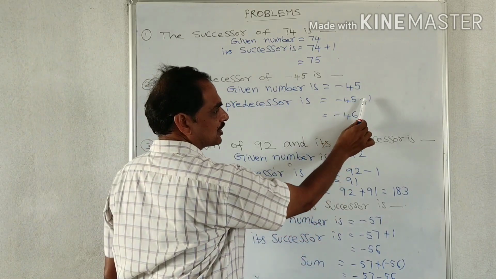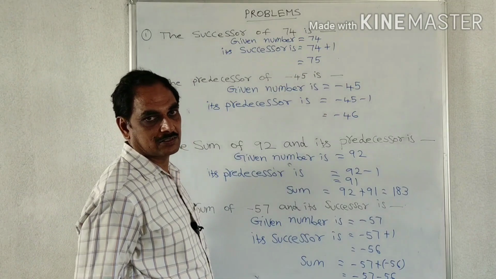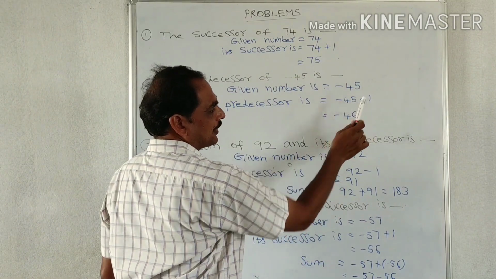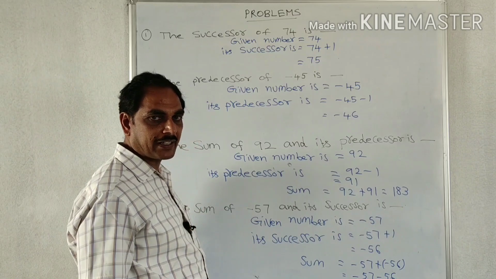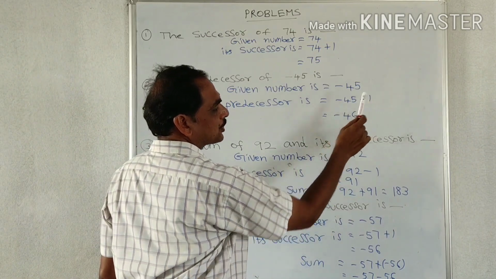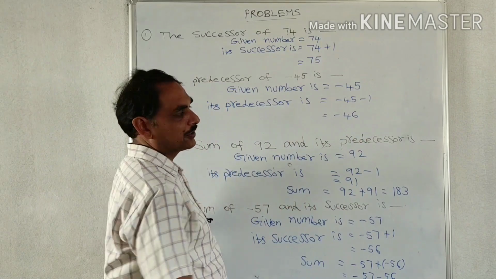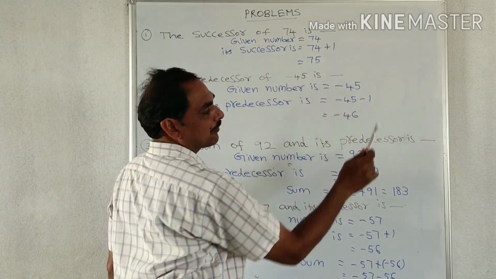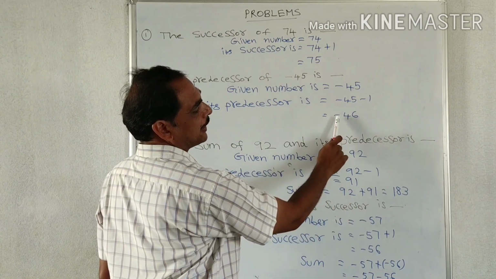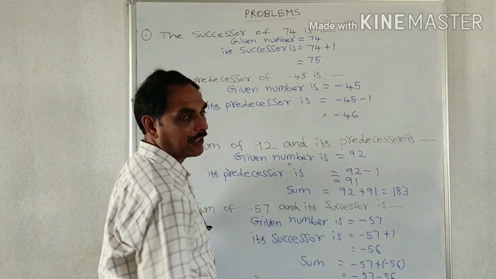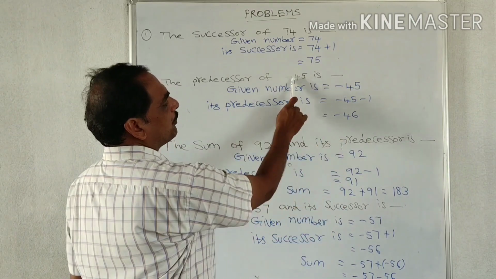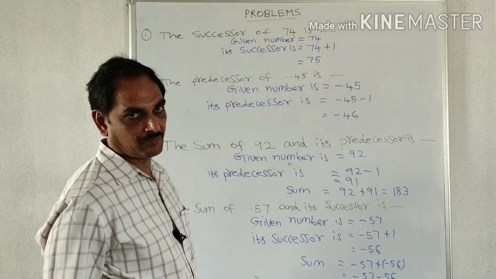Both signs are negative, so we add the numbers 45 and 1, which is 46, and put the sign which the two numbers have. Both have a negative sign, so we write a negative sign before the sum of 45 and 1. So this is the predecessor of minus 45: minus 46.